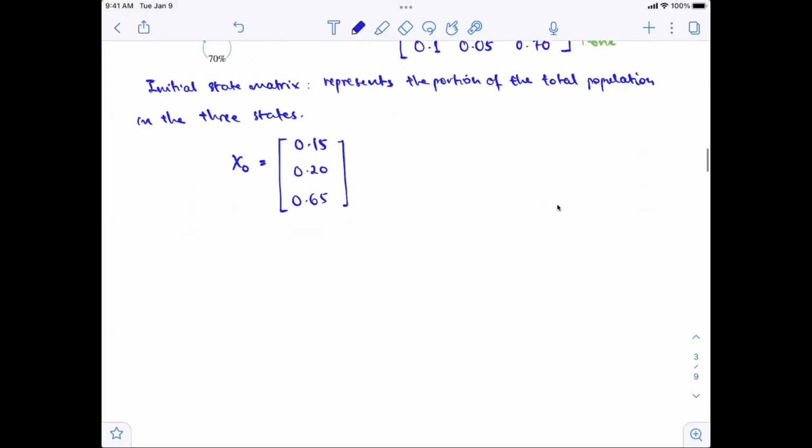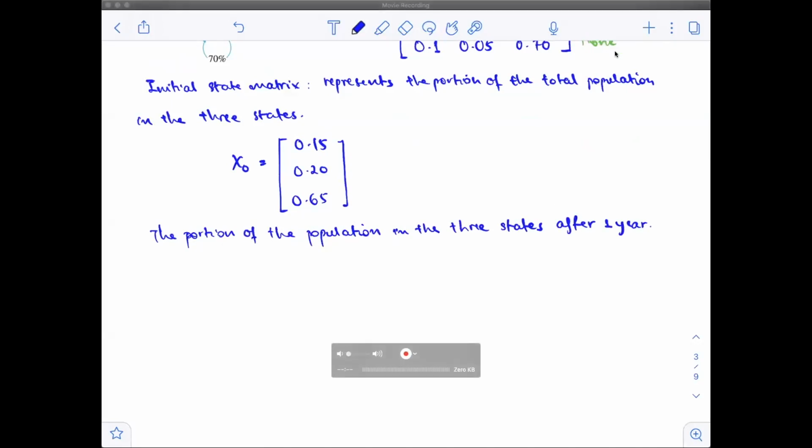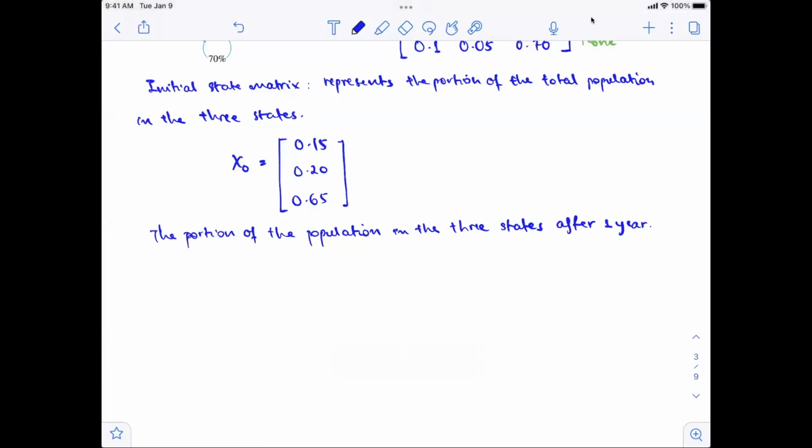So you want to calculate the portion of the population in the three states after 1 year, given this initial state.